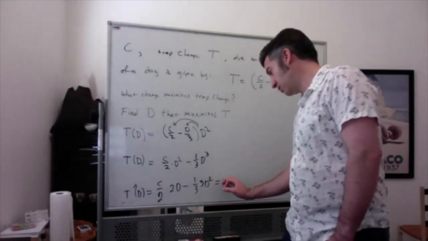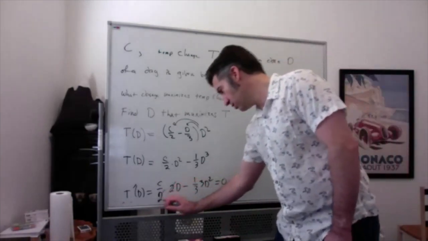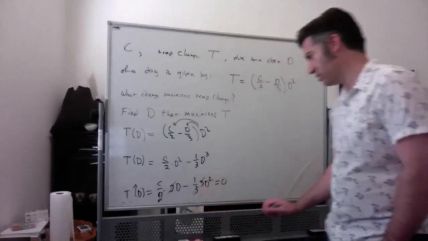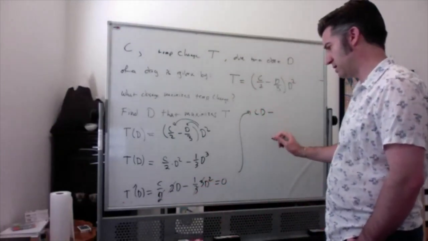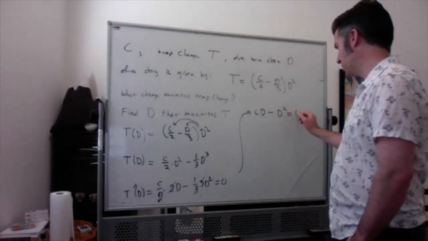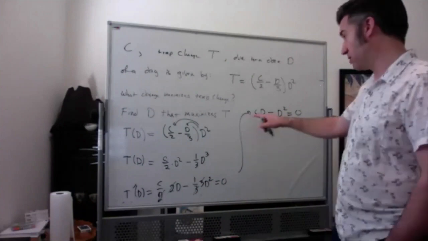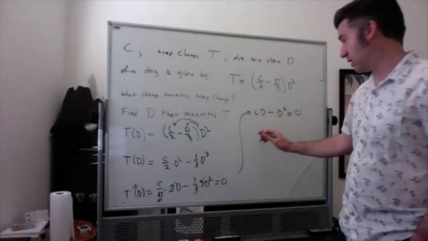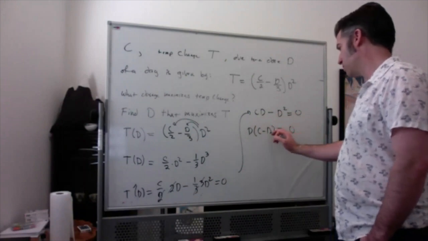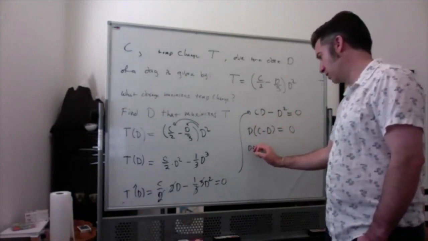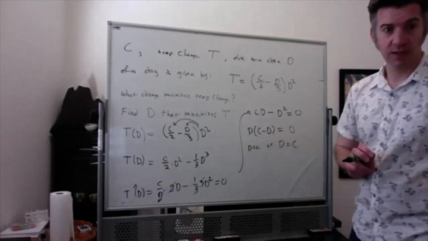I'm going to set that equal to 0 and simplify. I cancel the 2's and the 3's, so I've got CD minus D squared equal to 0. One answer would be D equals 0, right? If D is 0, you're going to get 0. But we can factor out a D to see that the answer is either D equal to 0 or D equal to C. So those are my critical values.